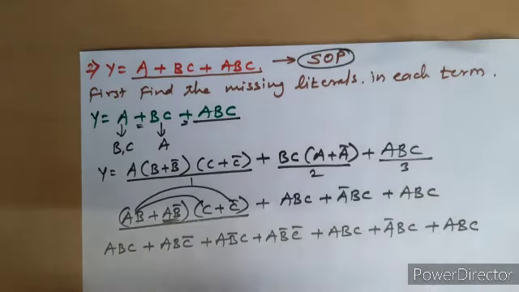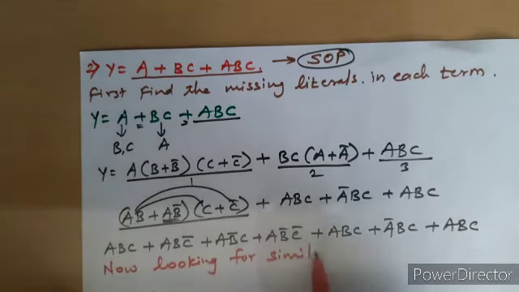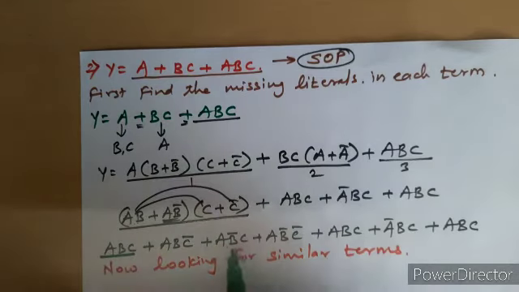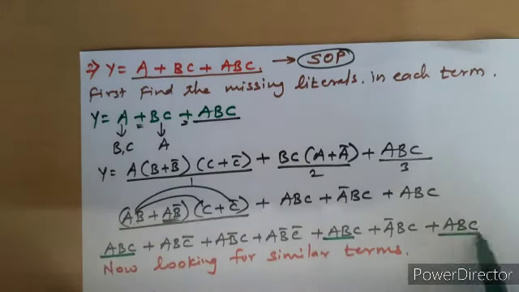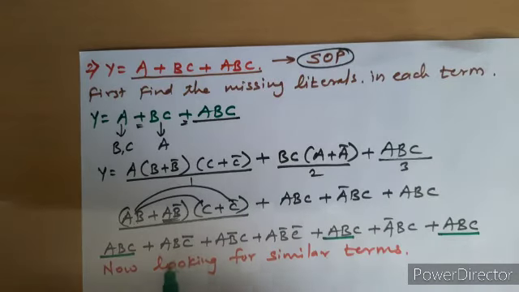Right, now looking for similar terms. So here if you see, we have this ABC, this ABC, ABC, right? Then do we have any further similar terms? A B bar C?